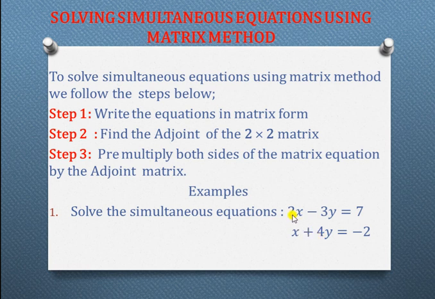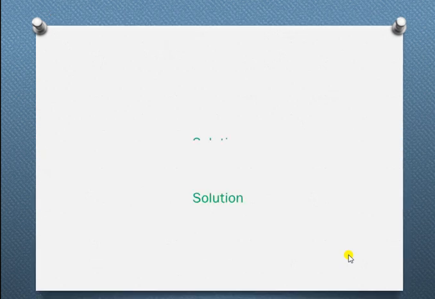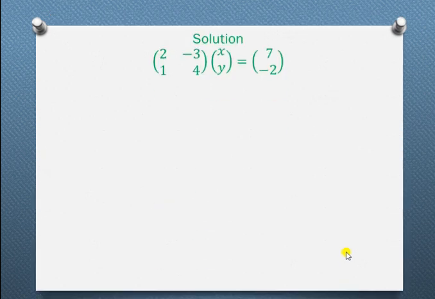So you just extract the 2, which goes with 1 in the first column, negative 3 goes with 4 in the next column. And so you will come up with a 2 by 2 matrix. Let's look at that illustration. So our solution. So this is what we have just been talking about. 2 was the coefficient of x in the first equation, and 1 was the coefficient of x in the second equation.